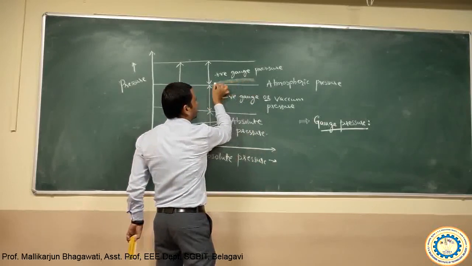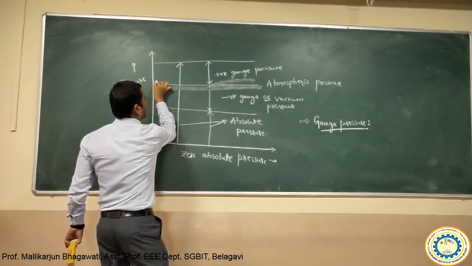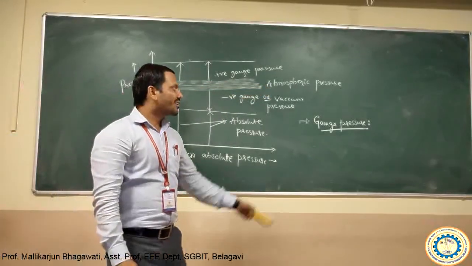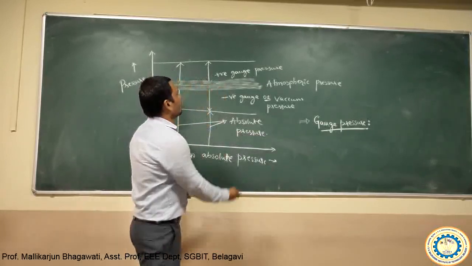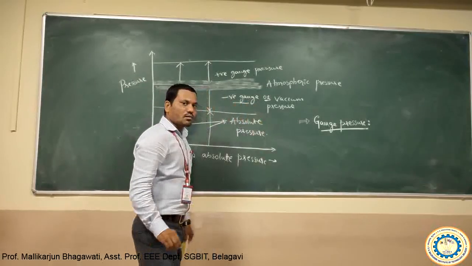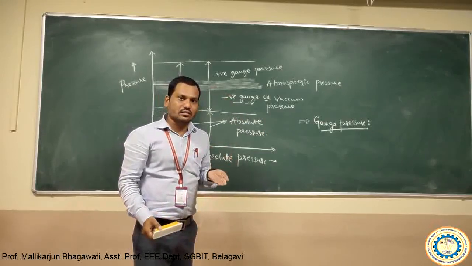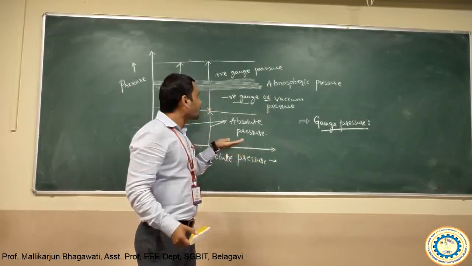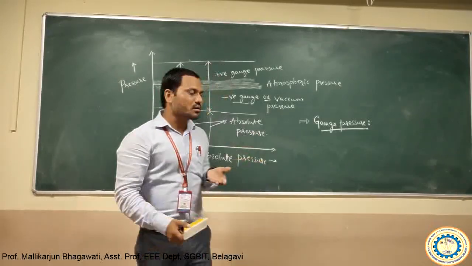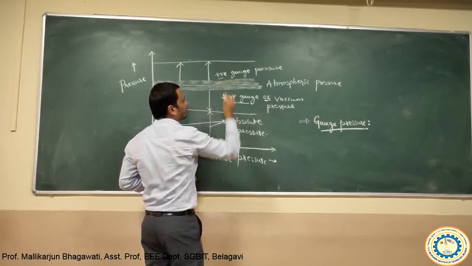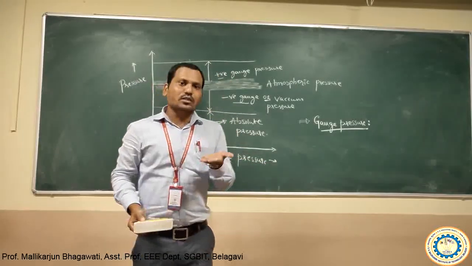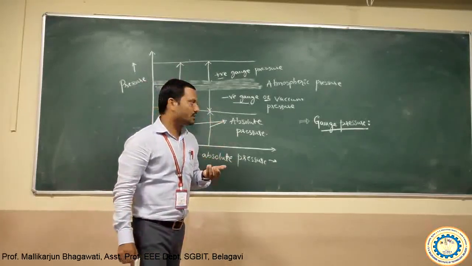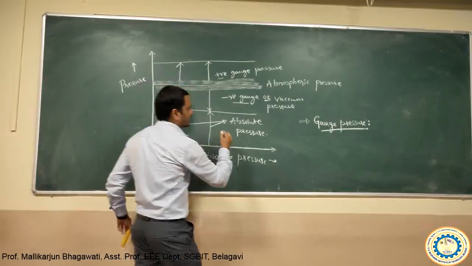Negative gauge pressure is below the atmospheric pressure and above the absolute zero pressure. Similarly, positive gauge pressure is above the atmospheric pressure.